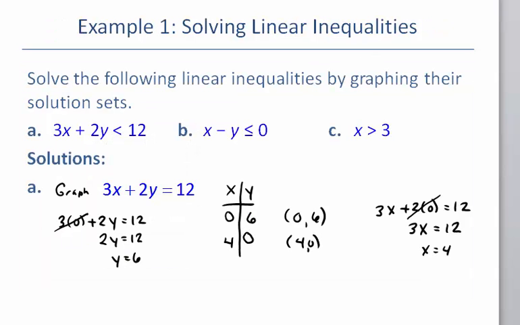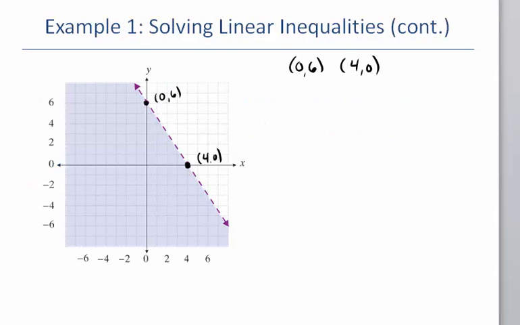So our problem had just a less than in it. And so if our problem only has a less than in it, then we're going to make it a dashed line. And so that is why this line is dotted as we extend it down.